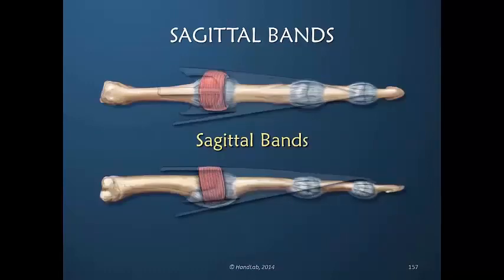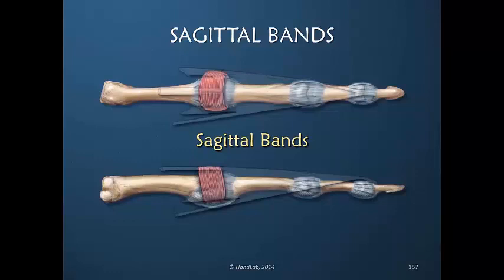The sagittal band fibers are very important fibers that centralize the extensor digitorum communis at the metacarpal phalangeal joint. These fibers encircle the entire metacarpal phalangeal joint and are an important part of the stabilizing structure of the metacarpal phalangeal joint.